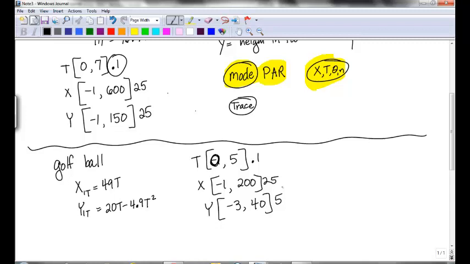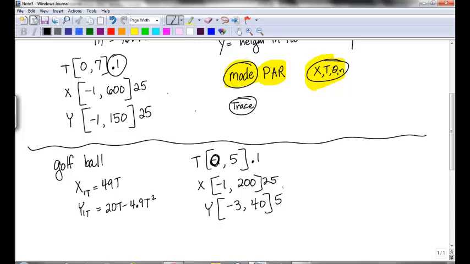Let's go 0 to 5 seconds, and 0.1 for the t step. For the x, let's go -1, and I'm doing that just so you can see the axis, to 25. And for the y min, let's go -3 to 40 yards high, and scale 5.